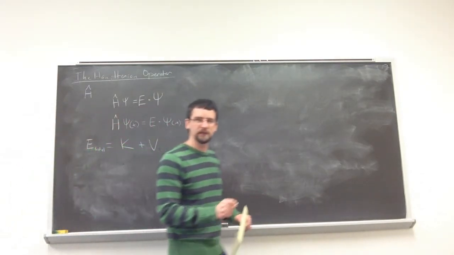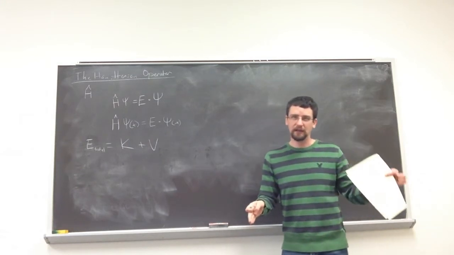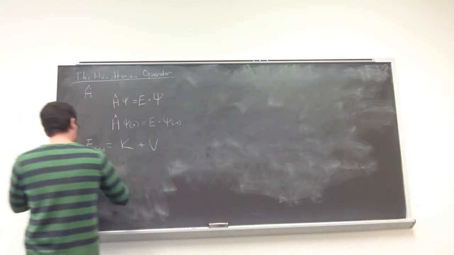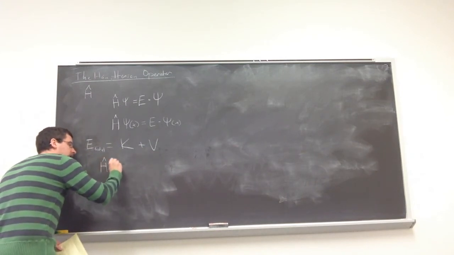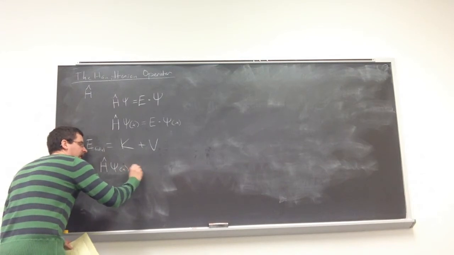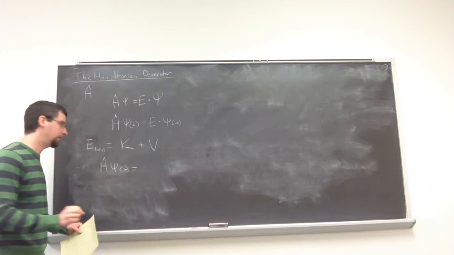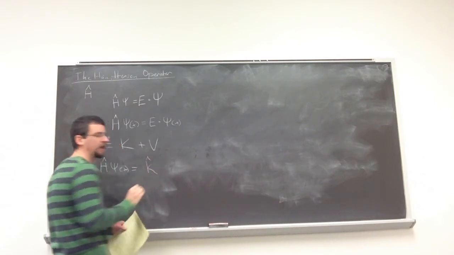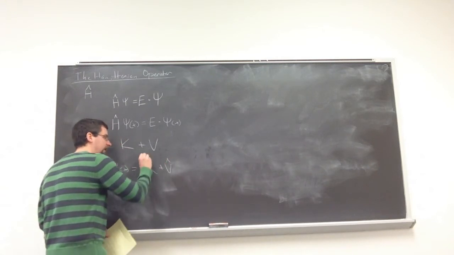So what we can do is take our Hamiltonian operator and split it apart into kinetic energy and potential energy. And that's exactly what we're going to do. So h hat psi of x is equal to, we're going to split h hat up into a kinetic energy operator, capital K hat, and a potential energy operator, V hat.